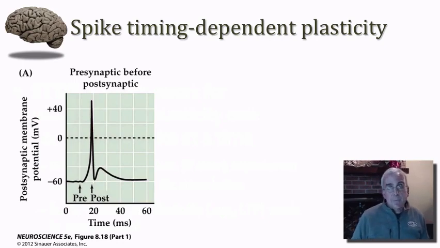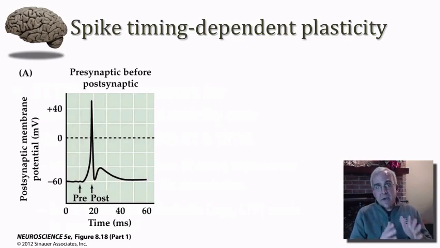Well, here's the spike timing dependent plasticity framework. Again, it allows us to understand these principles of plasticity one spike at a time without necessarily depending upon a special train of stimuli in order to induce the synaptic change.